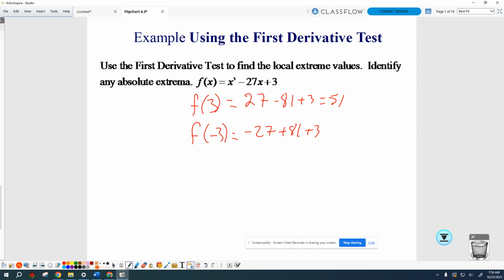Whatever that is. 54. 57, this one. So yeah, good point. So did it ask for where does it happen or what are the values? Roxanne is pointing out that he didn't actually answer the question, what are the extremes?